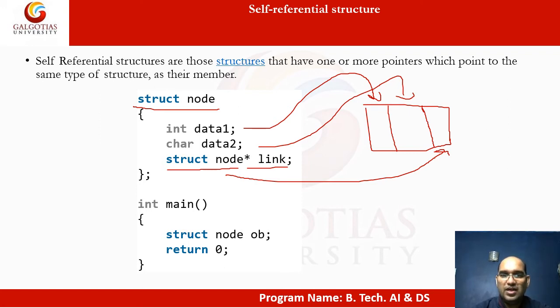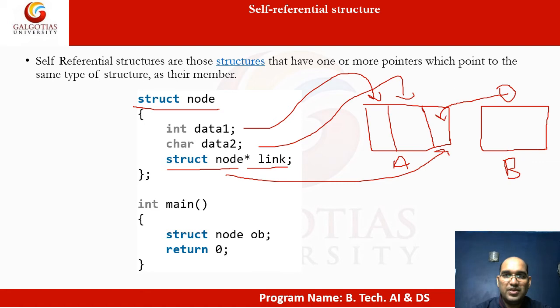Why is it used? Suppose you have one more structure of the same type, so this is also a struct node and this is also a struct node, holding information about students. Suppose this is for student A and this is for student B. If after student A I want to access student B, whatever the address of this particular structure will be, I will store that value in this one.